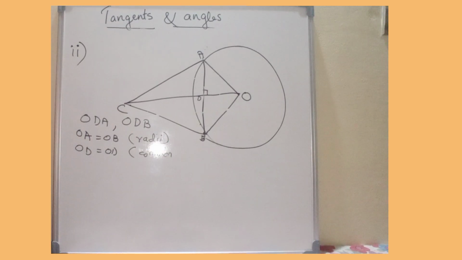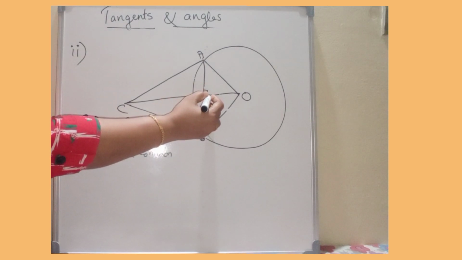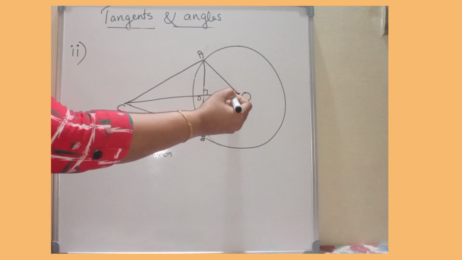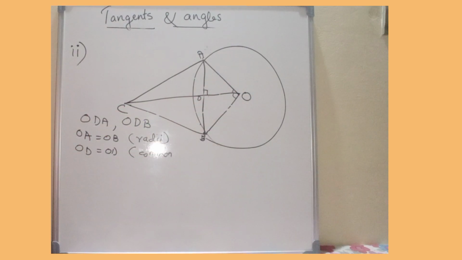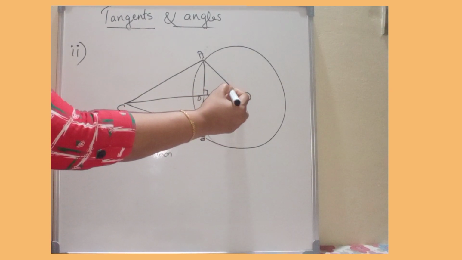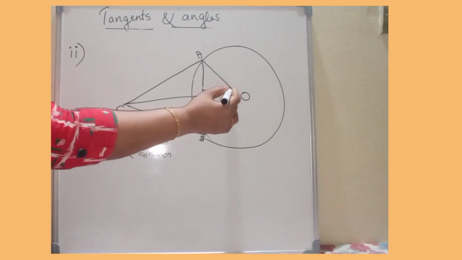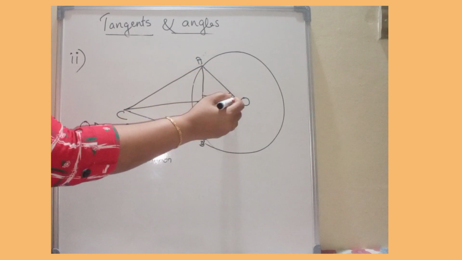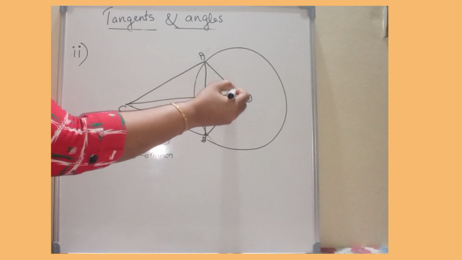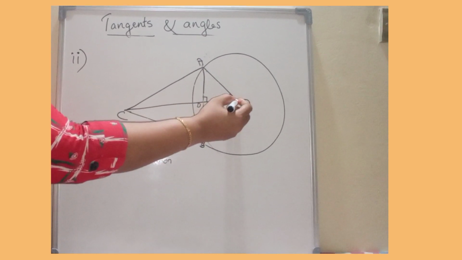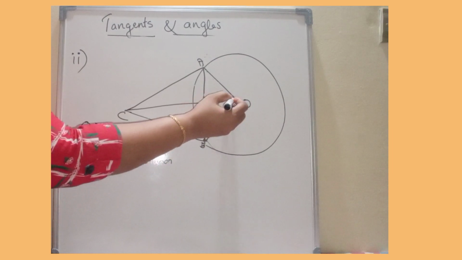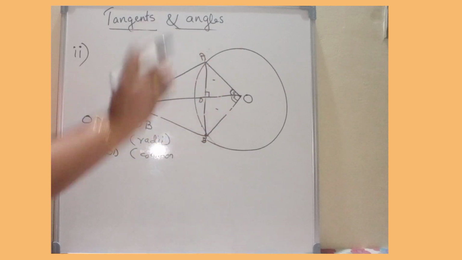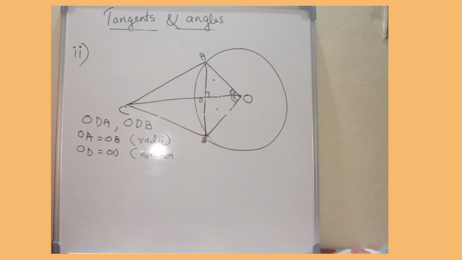And we have these two angles are equal, right? These two angles are equal from the second question. That is, two sides, OA and OD, are equal, and the included angle, and here OB and OD and their included angle are equal. Therefore, we can say that these two triangles are equal triangles.